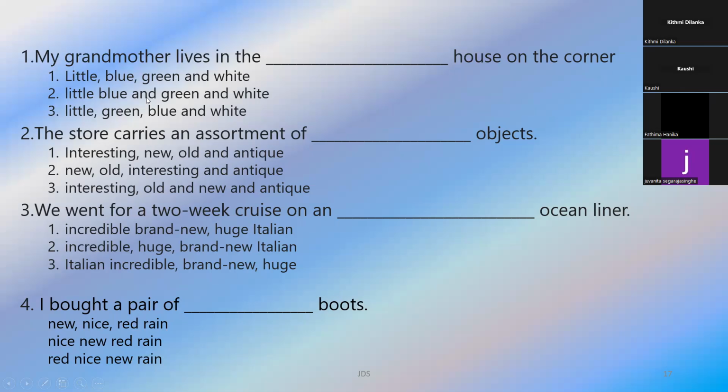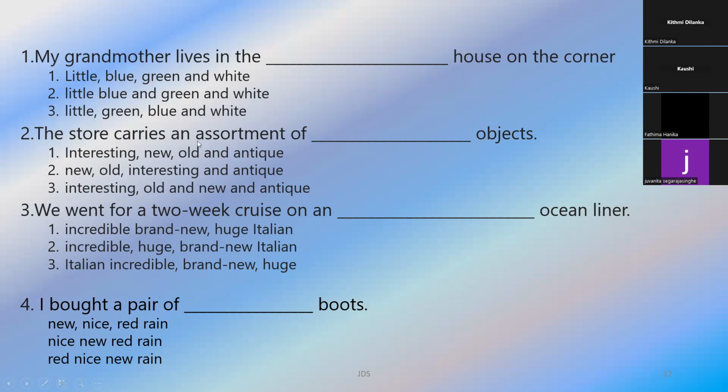So blue is found in both answers, blue, green and white, or the first one. Since there are two colors, we need to focus on the first letter. B comes before G, thereby blue, green and white house. The first option is the correct one.